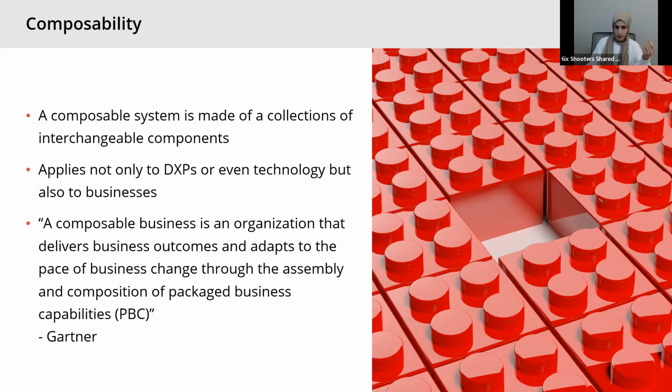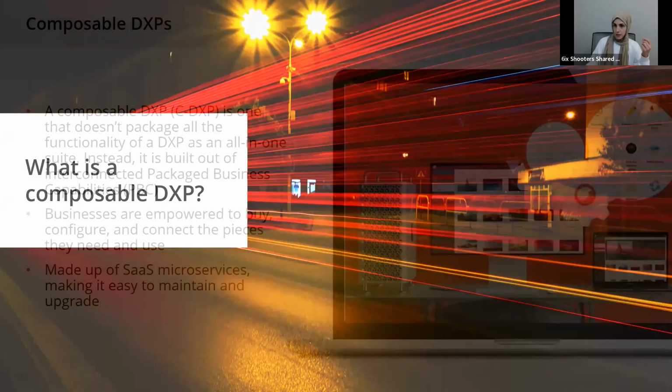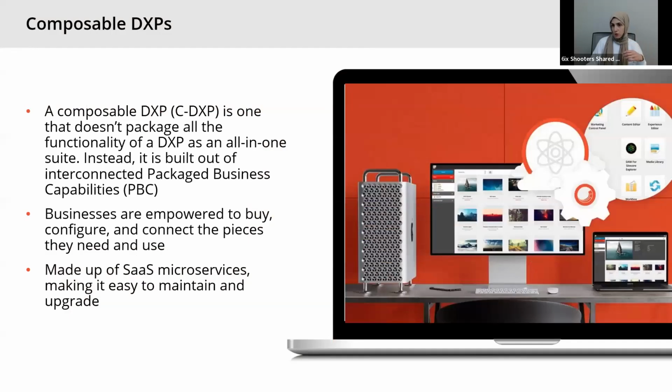According to Gartner, a composable business is an organization that delivers business outcomes and adapts to the pace of business change through the assembly and composition of packaged business capabilities. With that definition in mind, one might guess that a composable DXP is a digital experience platform that doesn't include or house all the functionality or services that are required to deliver contextual and personalized experiences as an all-in-one solution. Instead, it's made out of interchangeable components, and they integrate with one another to serve as a single control center for all the customer touchpoints.